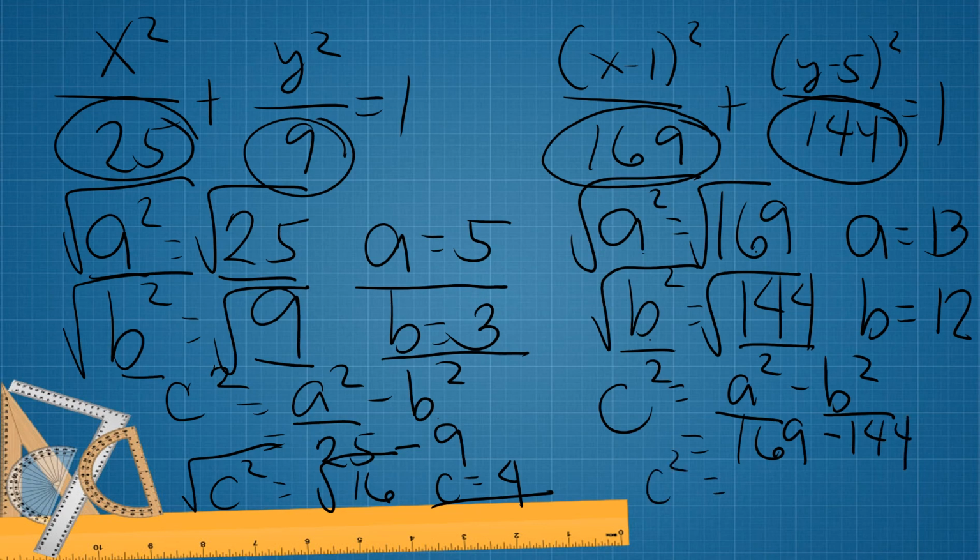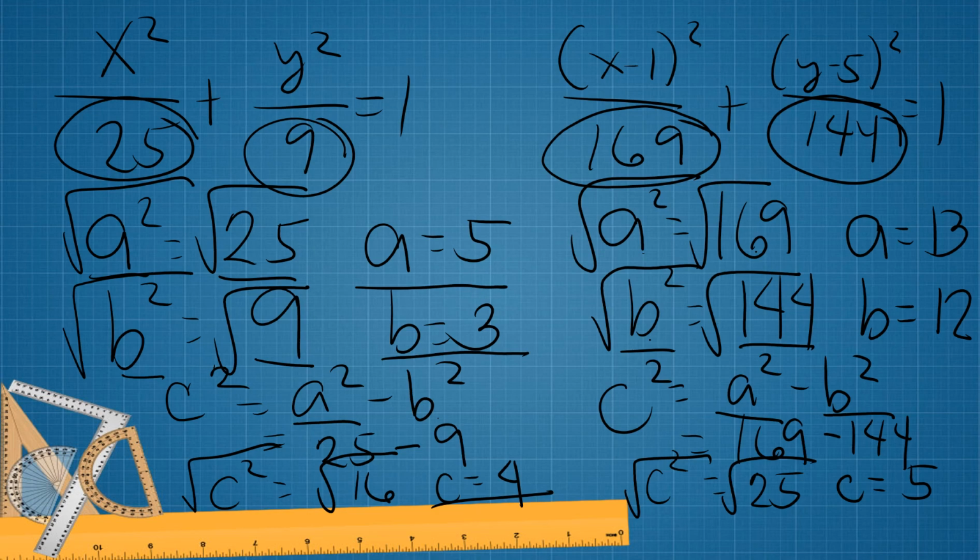Now we have c squared equals, we need to subtract 169 and 144, and that is 25. Since c, meron pa po siyang squared, we need to get the square root of both sides. So therefore, c is equal to 5. Therefore, the values of a, b, and c are 13, 12, and 5 respectively.